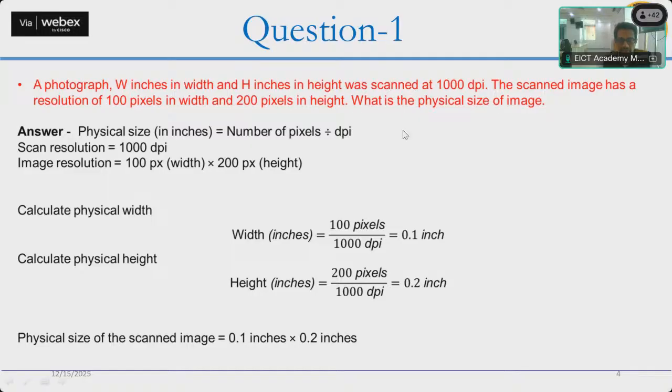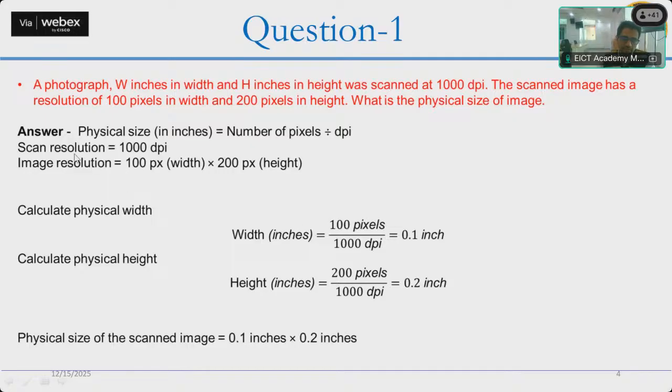Then the physical size will be the number of pixels divided by pixels per inch. Is it understood? It's a simple problem, but it connects how things look in the form of pixels. How do we correlate this concept?